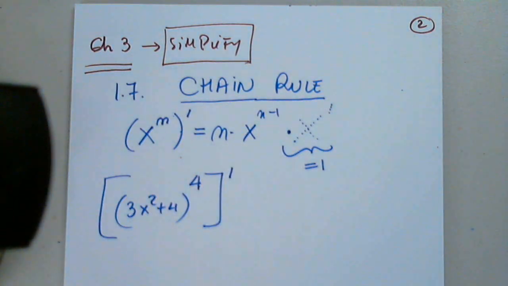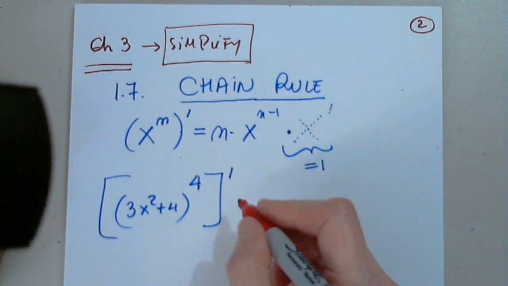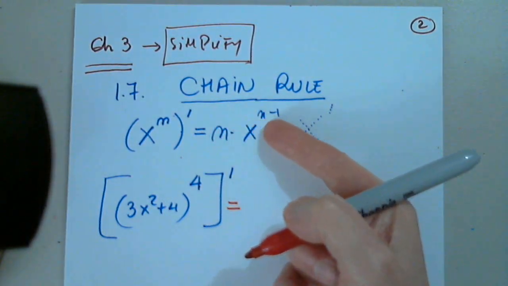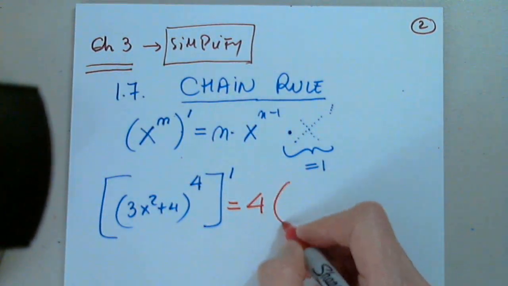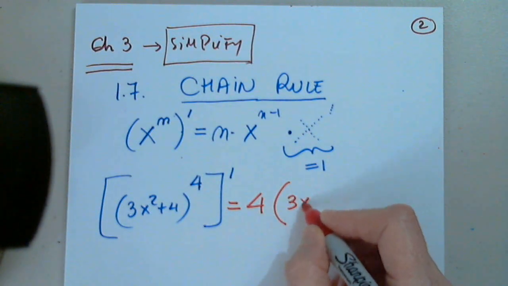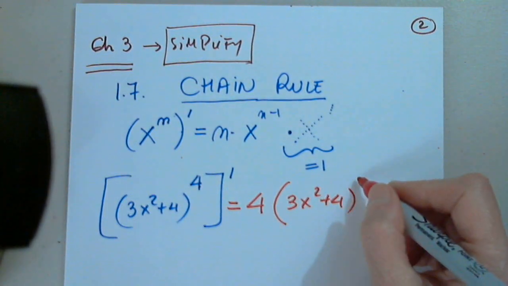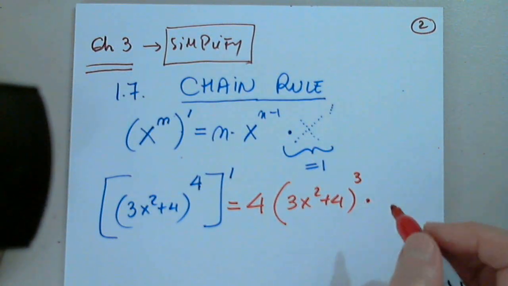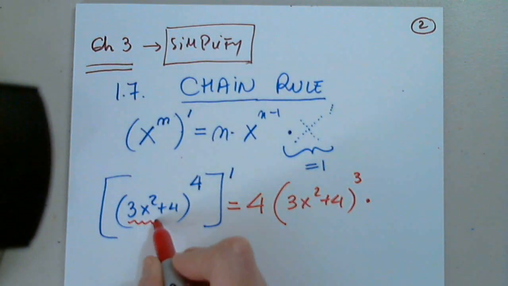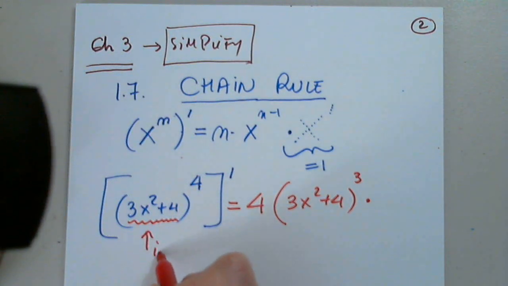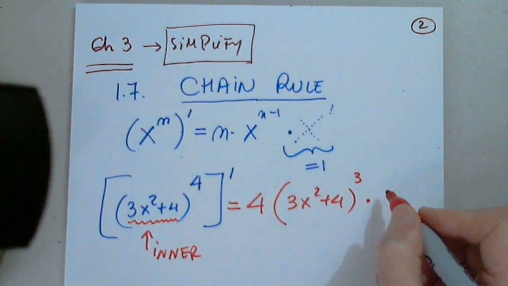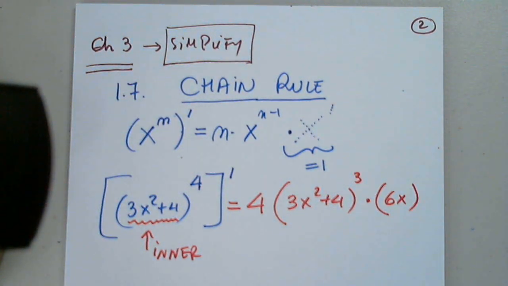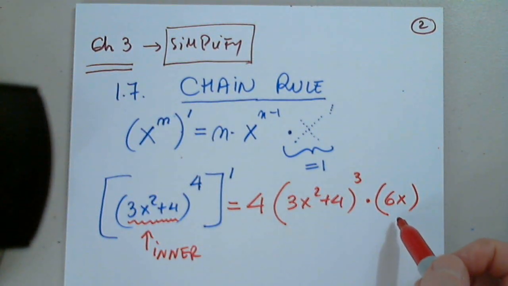Just try and tell me what to write so we can discuss this together. You follow the exact pattern. 4 times 3x squared plus 4 to the 4 minus 1. Good. Times the inner function prime, which is 6x. That's it. Awesome.